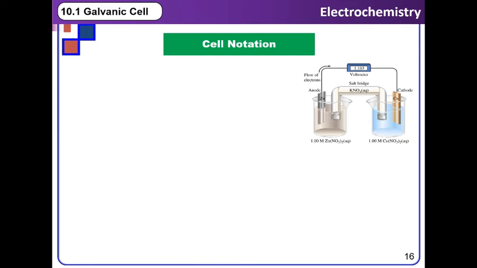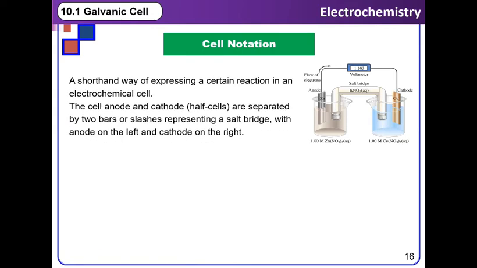Daripada diagram tadi, kita boleh tulis cell notation. Apa dia cell notation? Cell notation is a shorthand way of expressing a certain reaction in an electrochemical cell. So the anode and cathode half cells are separated by two bars or slashes representing a salt bridge, with the anode on the left and the cathode on the right.